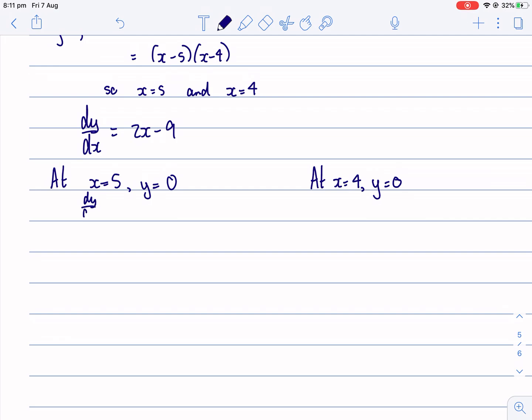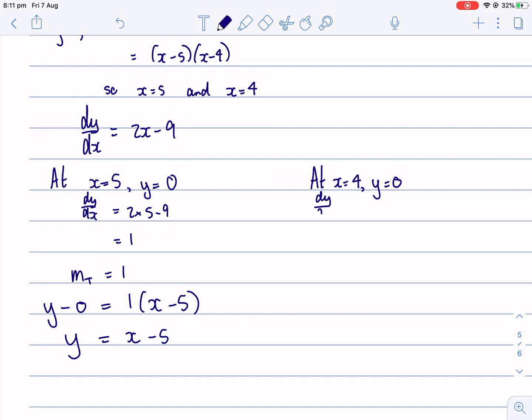dy/dx is 2 times 5 take 9, which is going to be 1. So y minus y1 equals, well, I should actually state, the gradient of the tangent equals 1, y minus y1 equals m outside of x minus x1. So we've got x take 5.